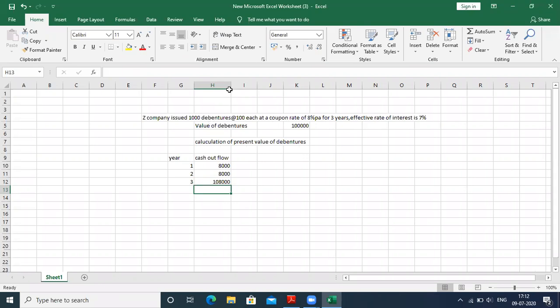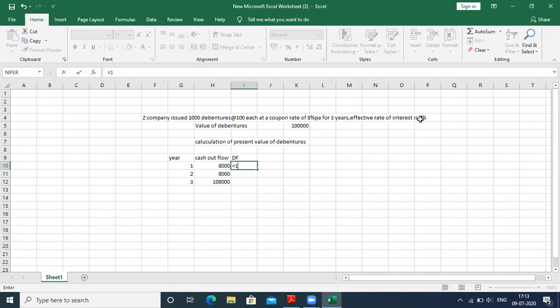Now we are trying to understand the amortization model in case of financial liabilities. So here again, discount factor, you will be knowing the formula for calculating the discount factor. For discount factor we need to apply the effective rate of interest, that is 7%.